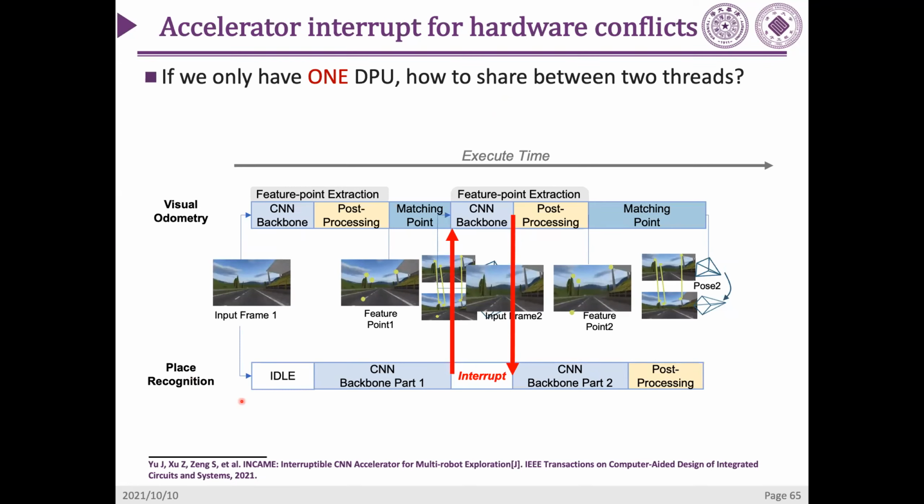If you're doing two tasks and running two neural nets, one quite small with a short execution time and the other long, the single deep learning processing unit needs to switch from the low priority task to the high priority task and come back to the low priority task.